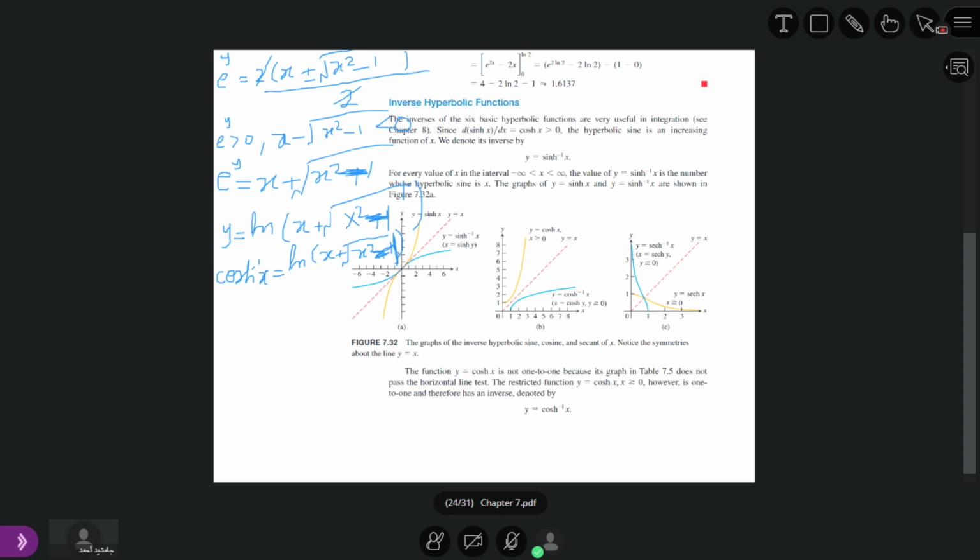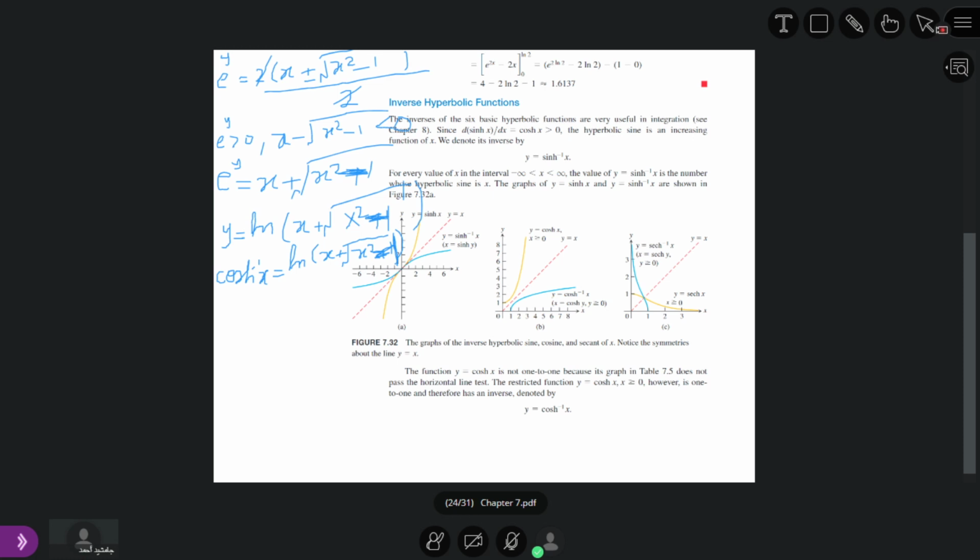After that, if we observe, e power y is positive, but x minus square root of x square minus 1 is negative, so both cannot be equal. That is why we have only one case, e power y equal to x plus square root of x square minus 1.